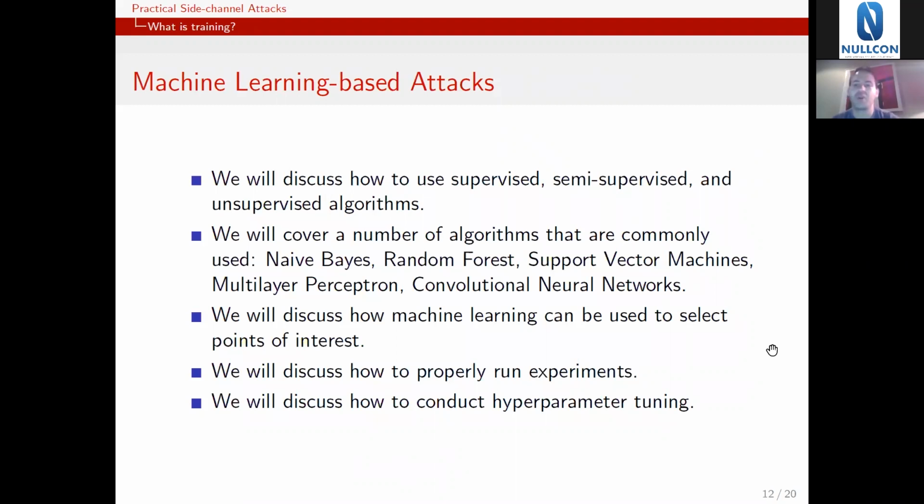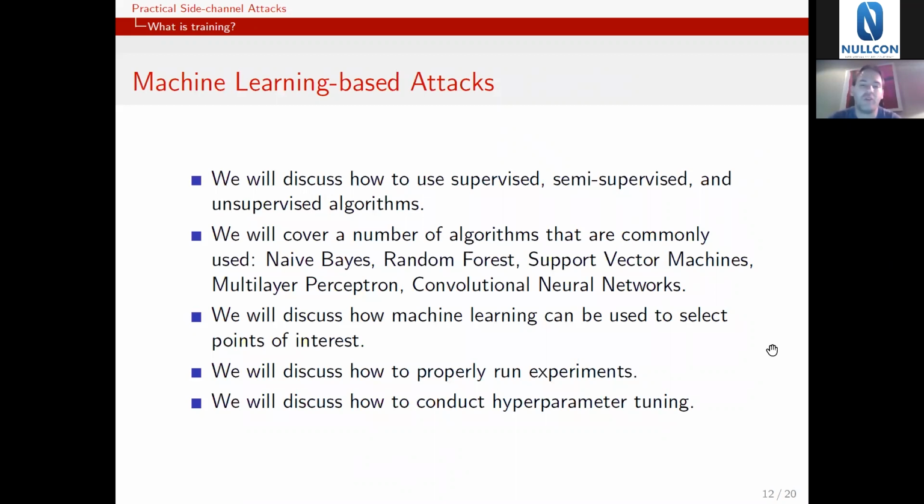You can run an experiment wrongly and you will get wrong results, but you can run it correctly. But even if you run it correctly, there are still various ways to do it. You can do it in a simple setting and it will work, it will be correct, but maybe it will not work really well. Or if you know how to do many small tricks, you will see that your attacks can become much more powerful.